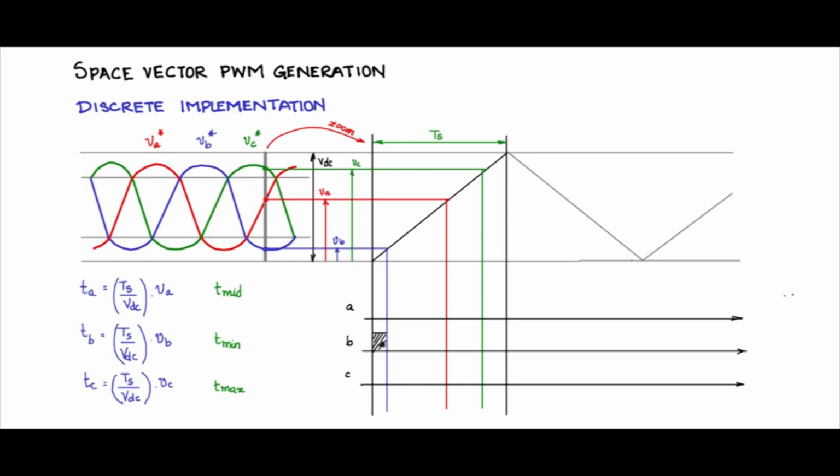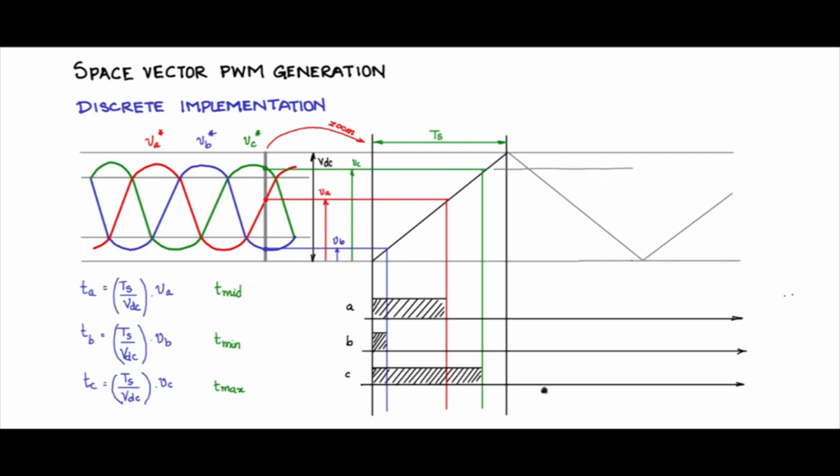So for the B, it's cutting here, so it will be high here and low elsewhere. And for the A, this is the A, so it will be high till that point. And for the C, it will be high till this line here.